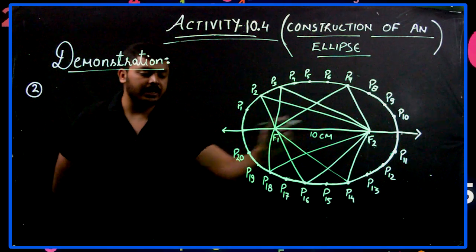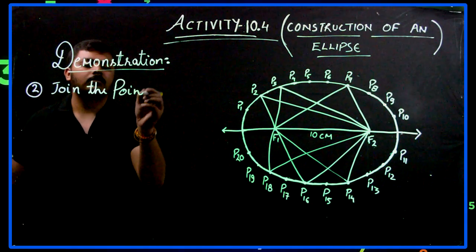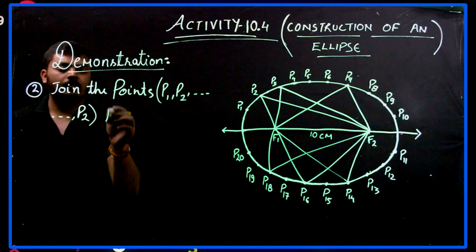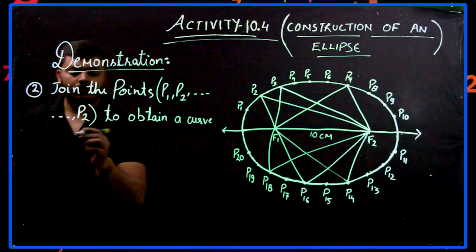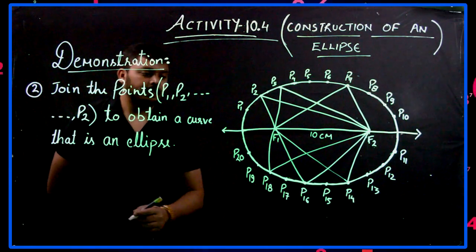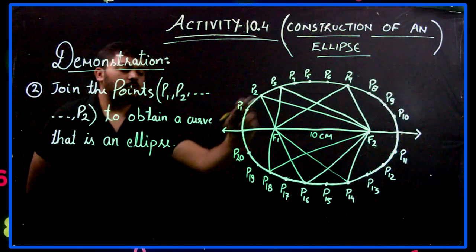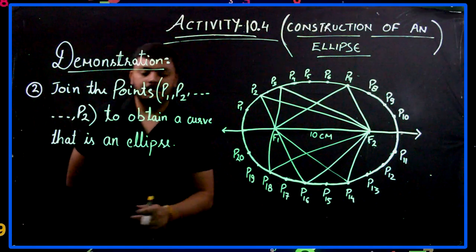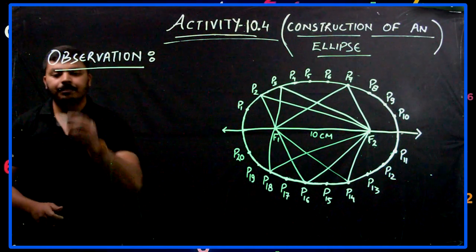As you can see here, we have joined the points P1 to P20 to obtain a curve-like structure that is an ellipse. Now let's see the observation for the given activity.